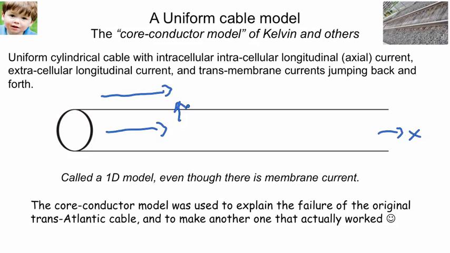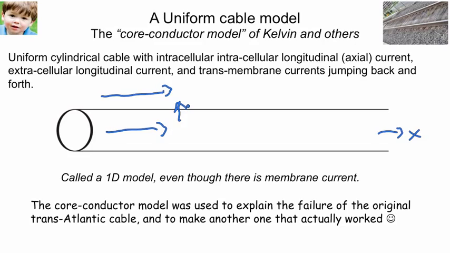Kelvin made use of the core conductor model because he was a member of the scientific establishment in England when, at huge cost, a cable was laid from one side of the Atlantic to the other, and the cable failed. It did not work. So, a scientific committee, a review committee, was put together.